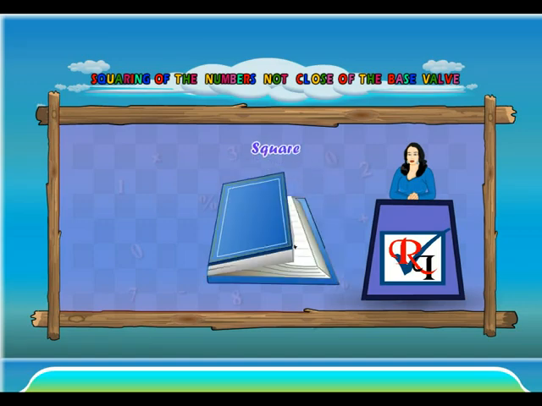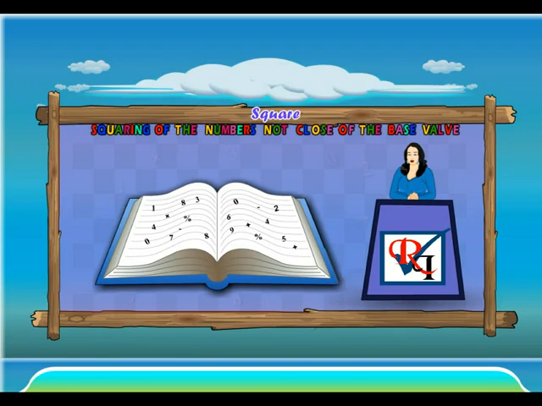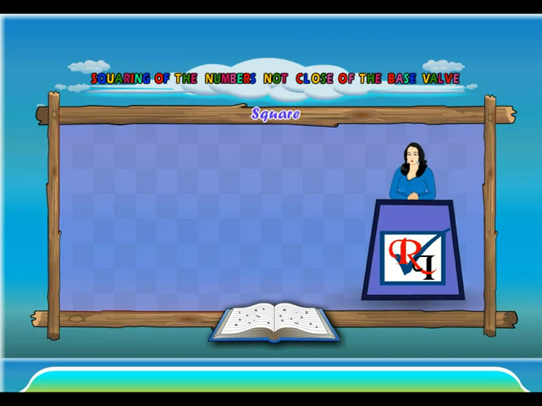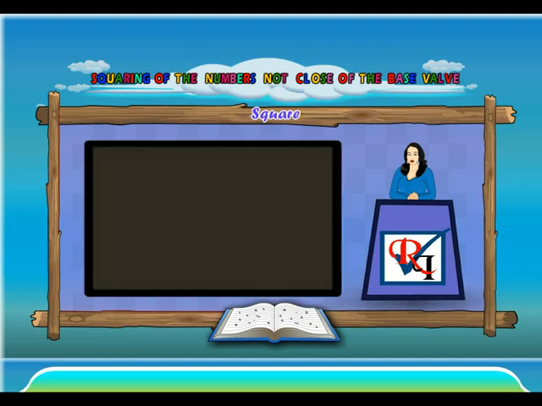Hello friends, we have dealt in detail with calculating squares of numbers that are near to the base values 10, 100 and so on. But if a number is not close to the base value, then in this class we learn how to square such numbers by using the same formula with slight modification.